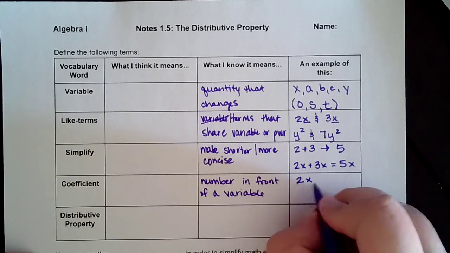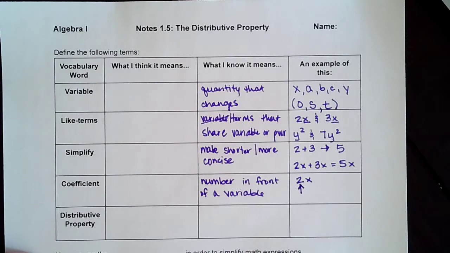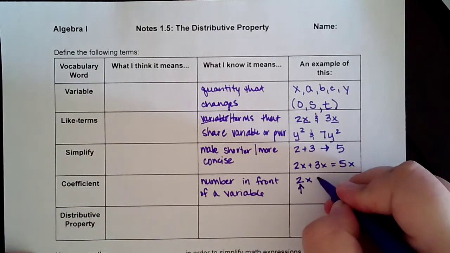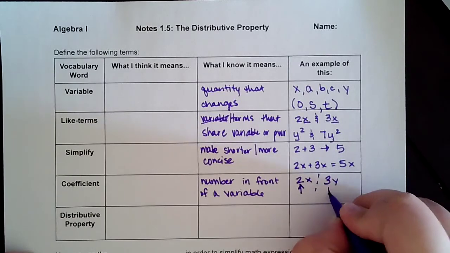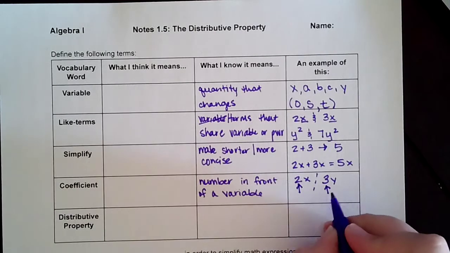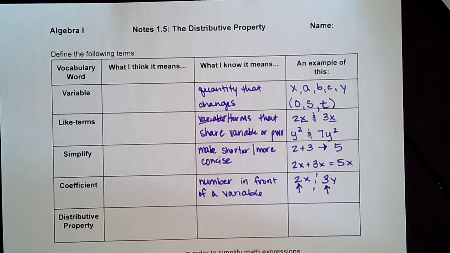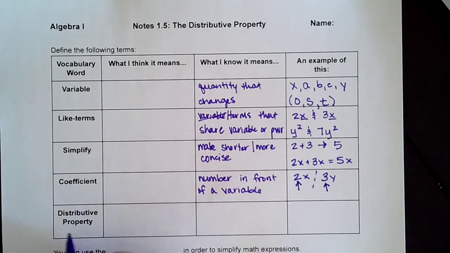In the term, or the expression 2x, the 2 is going to be the coefficient. If I have 3y, the 3 is going to be the coefficient. It's always just the number in front of the variable. Big word, simple concept.